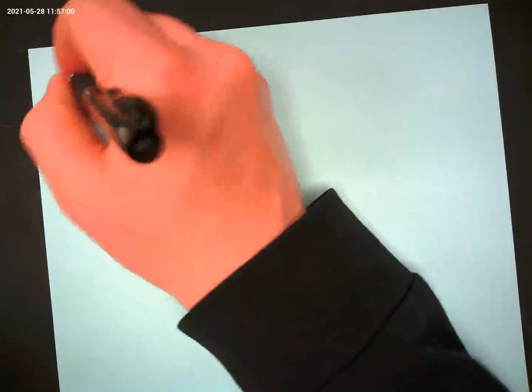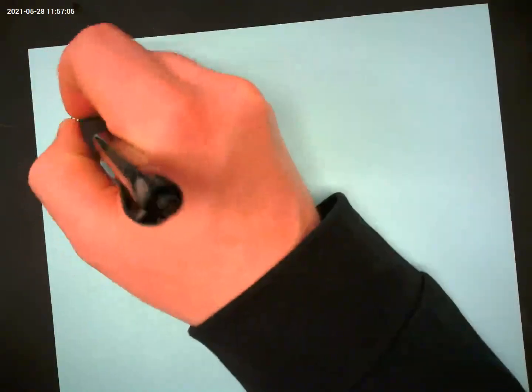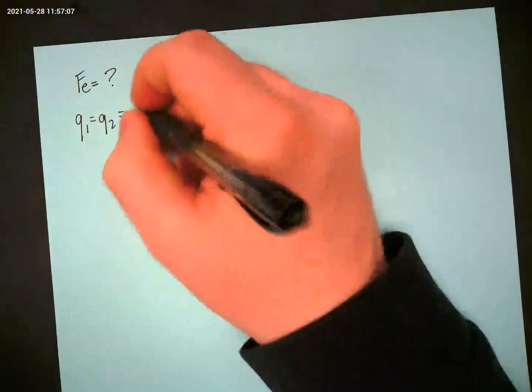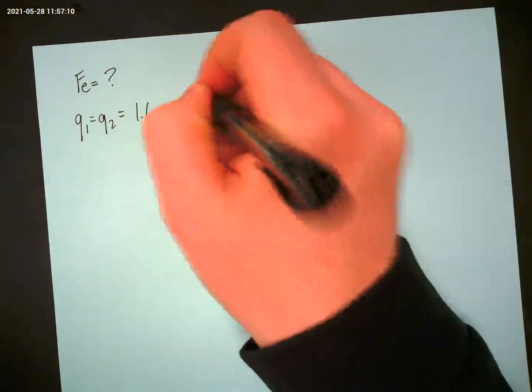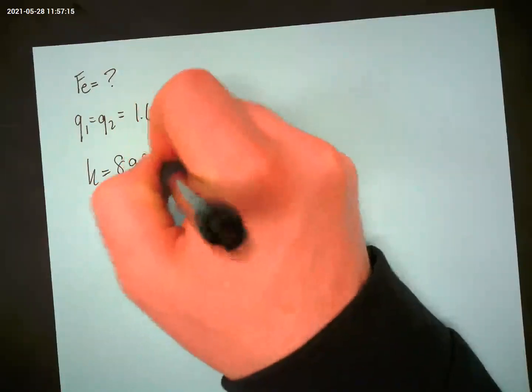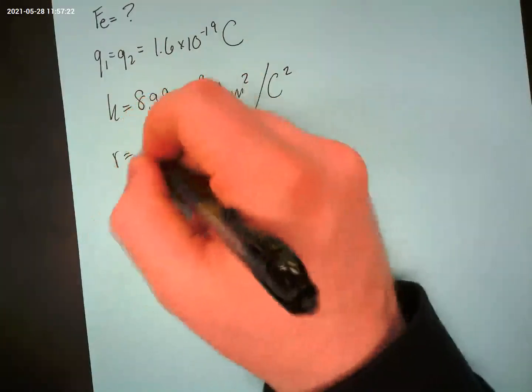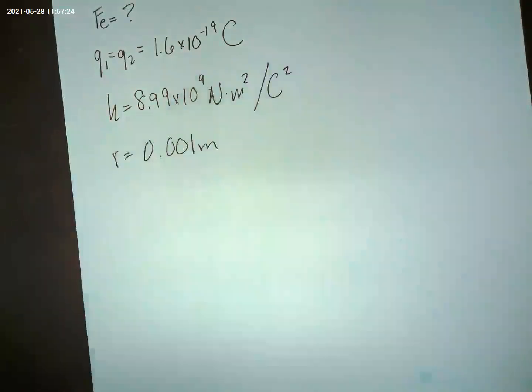I'm going to toss this onto a separate piece of paper just so I have a bit more room to work. The first one is, what's the electric force between the two protons here? Q1 and Q2 equal 1.6 times 10 to the negative 19th coulombs, K equals 8.99 times 10 to the 9th Newton meters squared per Coulomb squared, and the radius is 0.001 meters.